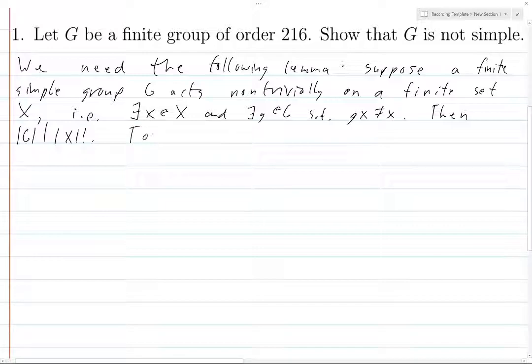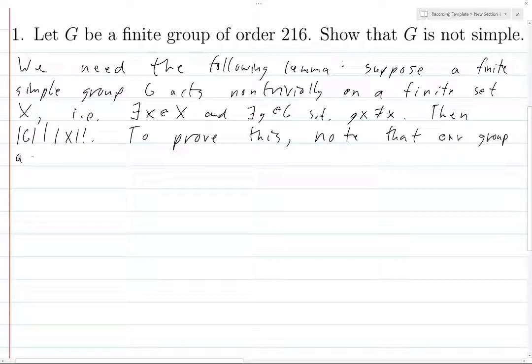To prove this, note that our group action, whatever happens to be the group action that we're considering, yields a homomorphism.